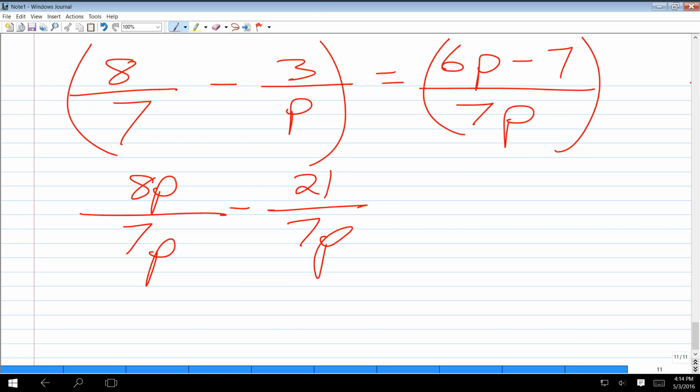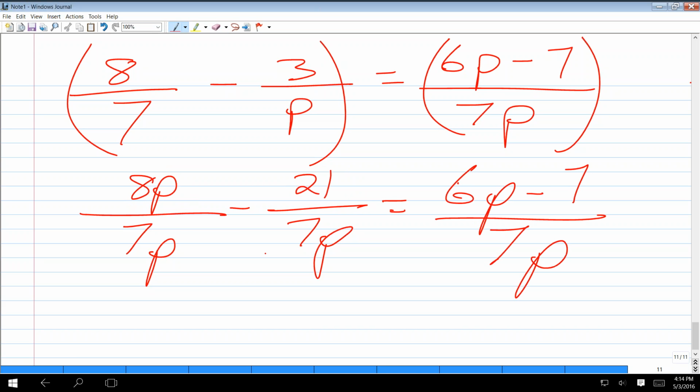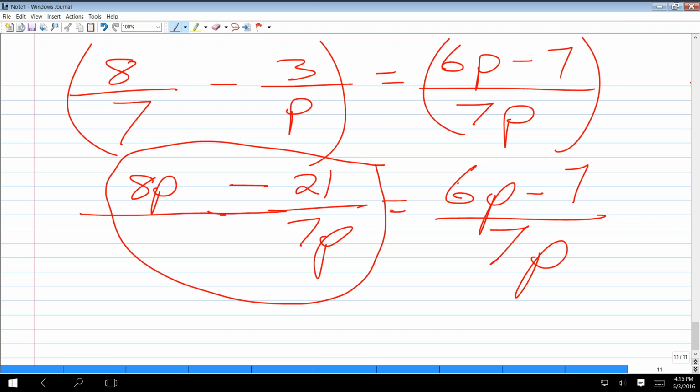Now, notice that if this is true, my denominators are the same, right? So I can actually write it like this. Okay, so I have this is equal to that. And always be looking for these little things that make the problem much easier to solve.